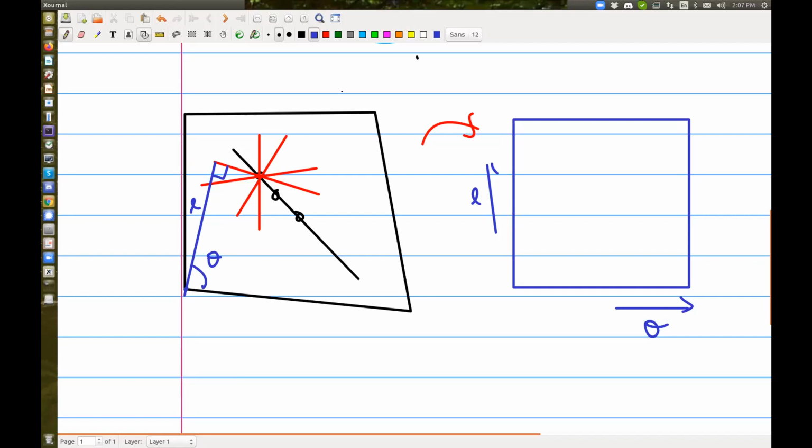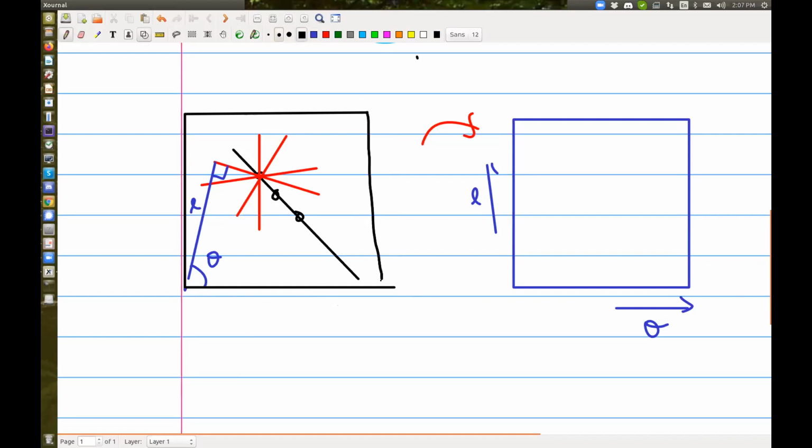Let me draw a bit better for this one here. Now, given a point here, for different theta, let's say from 0 to 360 degrees, as I change theta I will have different L. Potentially the L will be sinusoidal or something like that.